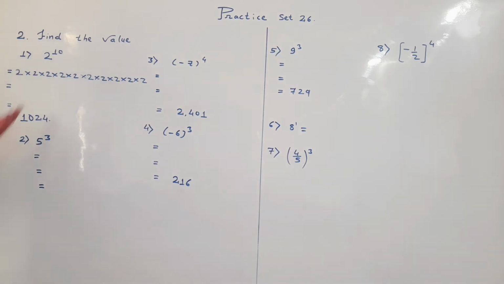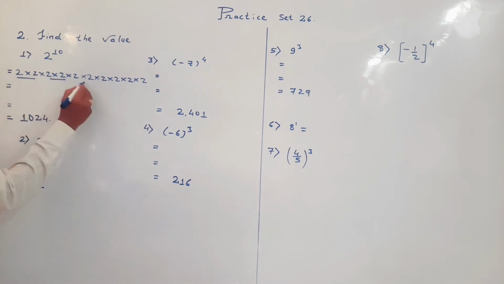My dear student, the base is 2 and the index is 10, so we have to multiply base again and again for 10 times. 1, 2, 3, 4, 5, 6, 7, 8, 9, 10.